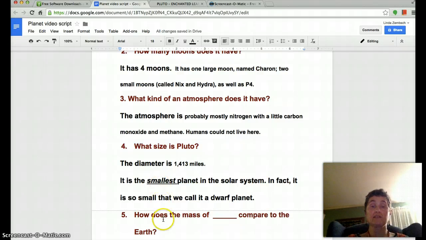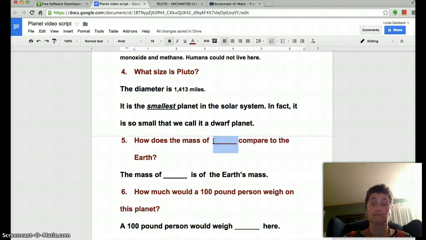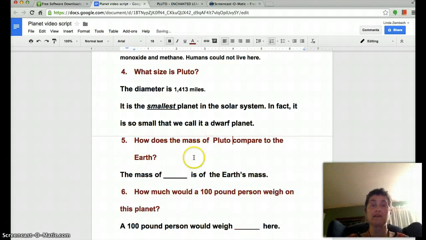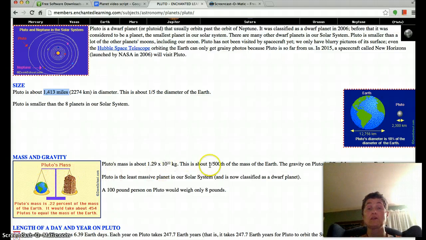All right, how does the mass of Pluto compare to the Earth? So mass, right there. Mass is how much pull the planet has, how much gravitational pull the planet has. And Pluto is actually 1/500th the mass of the Earth.